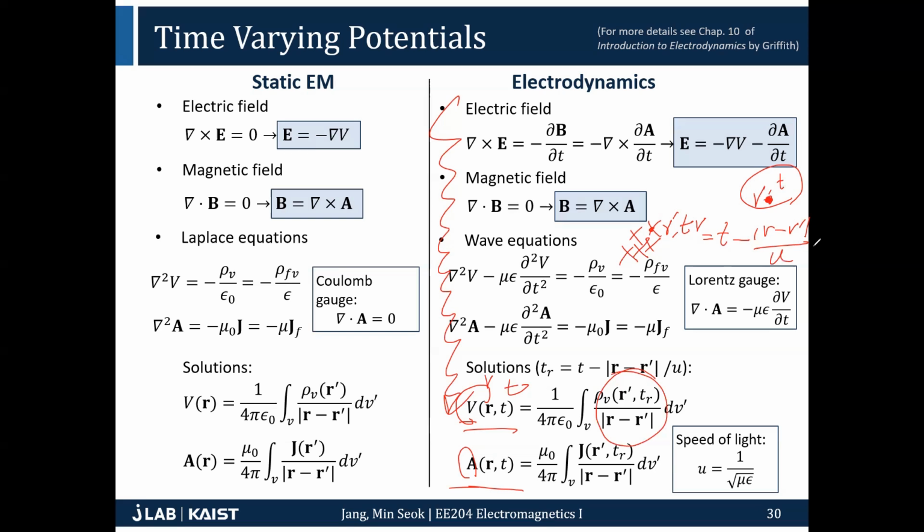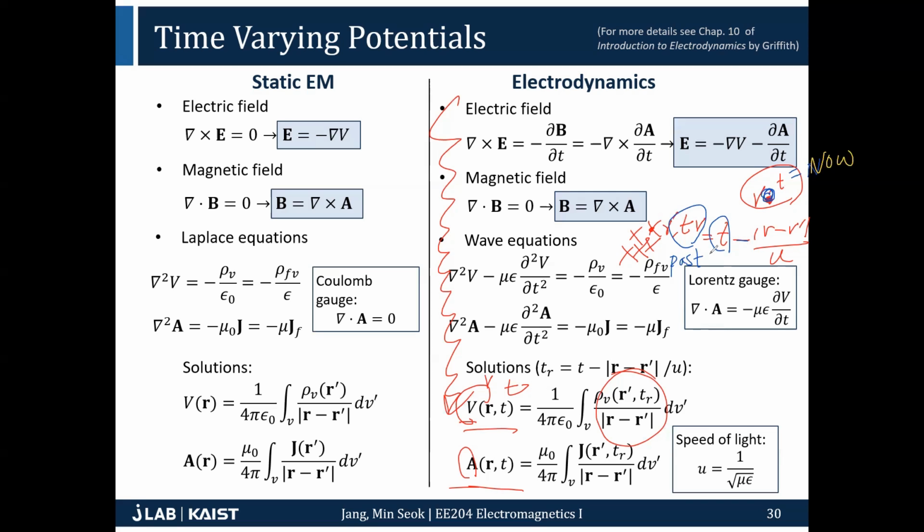So what does that mean? Can anyone give their interpretation? So let's see, t is now. Then because t_r is t minus something, t_r is actually the past.